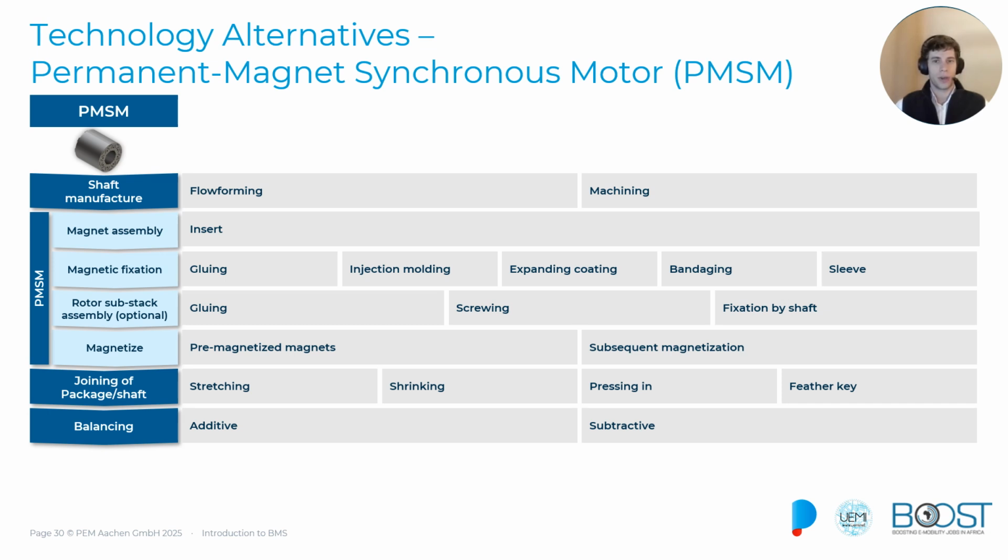The shaft manufacturing stays the same, and the joining of the rotor package and the shaft as well as the balancing we will take a closer look at in the end of this module.